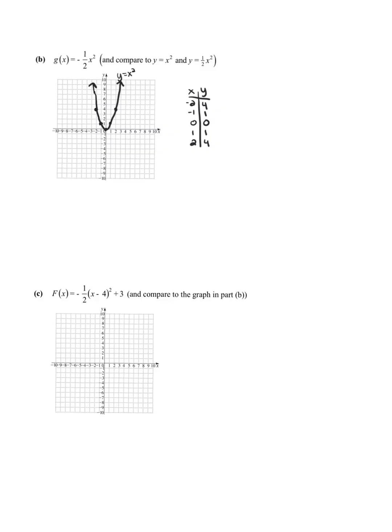Okay, so this is y equals x squared. And then to graph y equals 1/2 x squared, we can multiply our y values by 1/2 using transformation. So it's a vertical compression. It multiplies the y values.